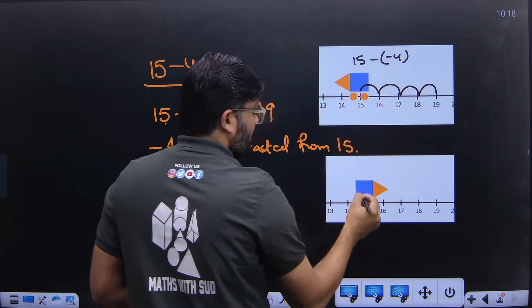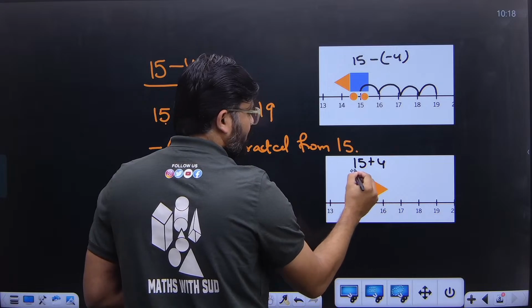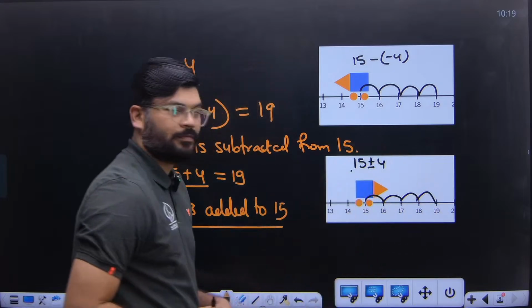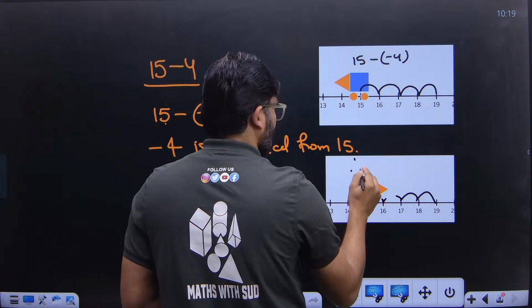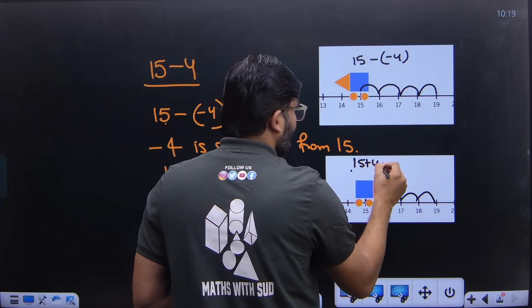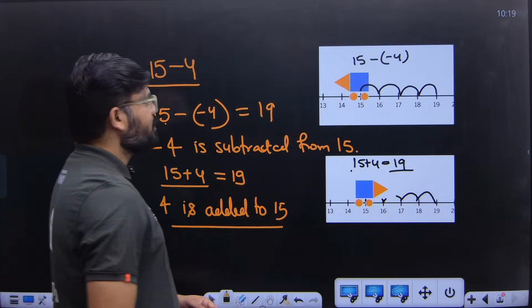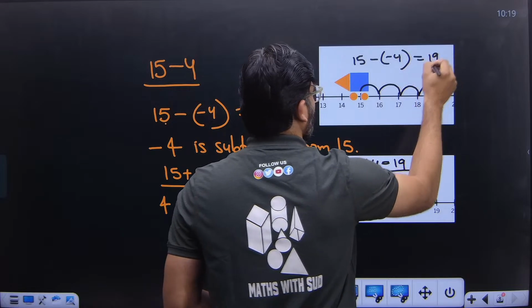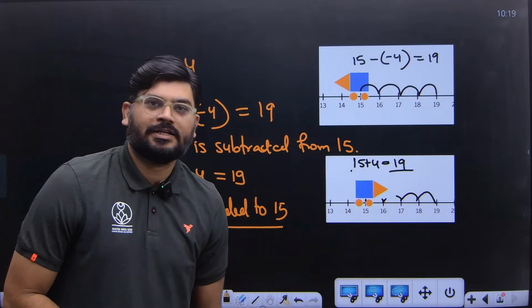This means 15 plus 4, that means facing towards positive direction, moving forward. So the result for both of them is always the same. Can you see that? Result for both of them is always the same. So we term it as negative.